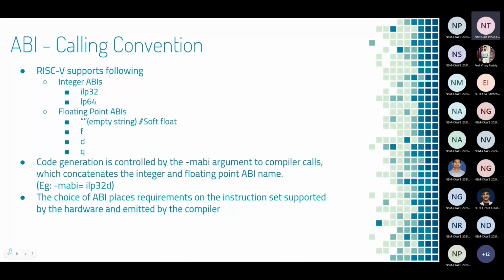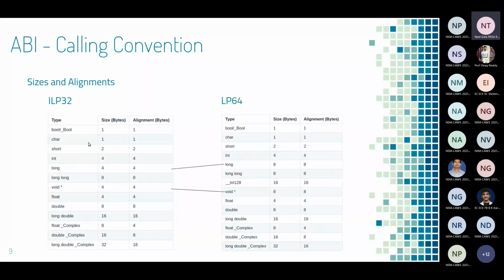Okay, moving on. Based on your ABI convention, the sizes of your variables are also defined. In both of these conventions, they are usually the same, except these two particular variables. One is the long, where in ILP32 the long is 4 bytes, but in LP64 the long is 8 bytes.